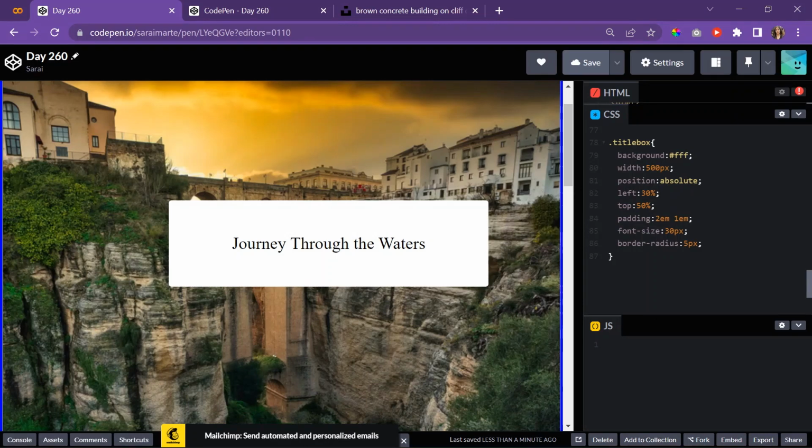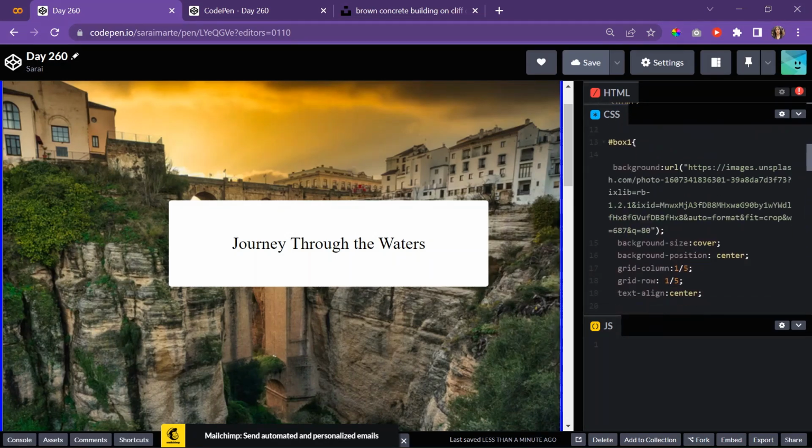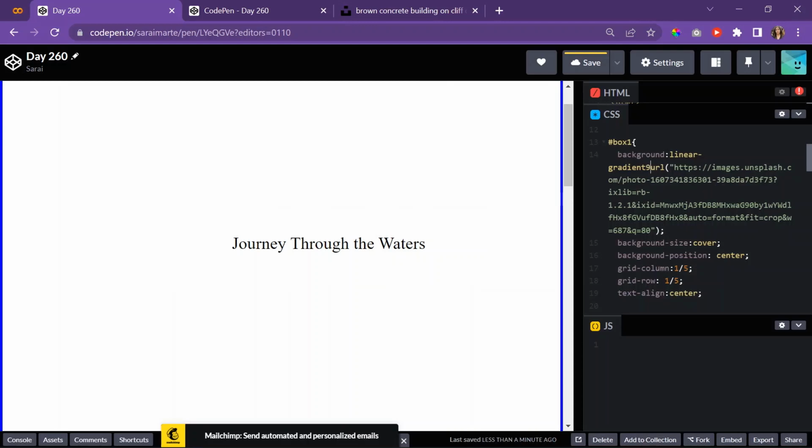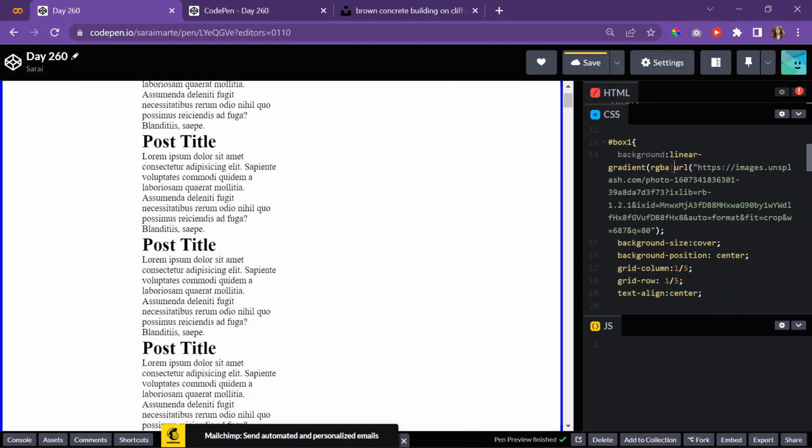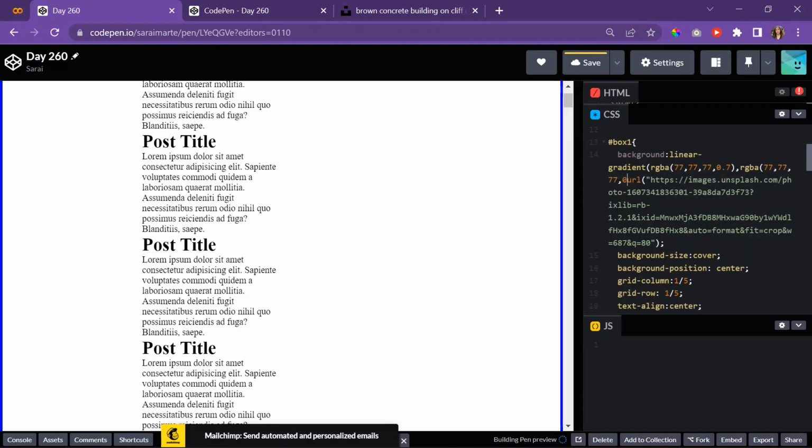Let's see. We can do like box 1. We can do like linear gradient and do like RGBA 77, 0.7. Close that. RGBA 77, 0.7. Let's see if that works.